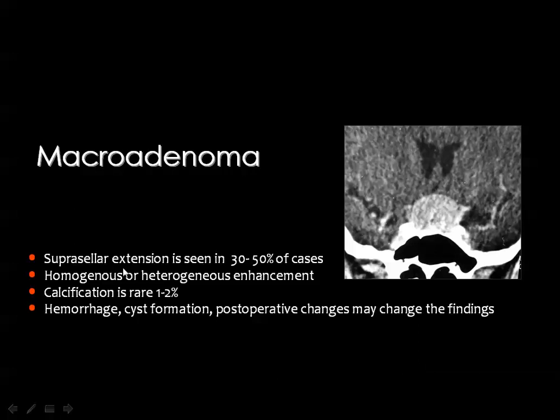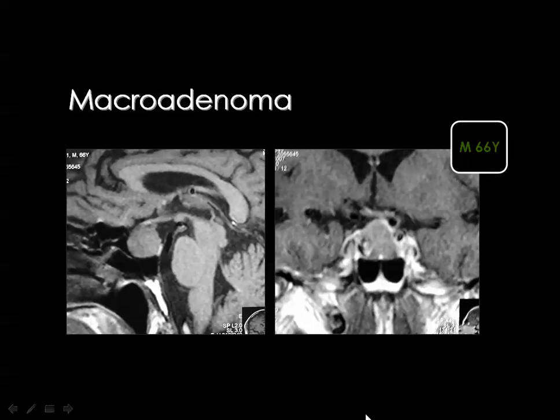This lesion is usually homogeneously enhanced, but if it is large, it may show heterogeneous enhancement and may contain cystic changes. It also may show calcium, but calcium here is relatively rare, and hemorrhage inside the pituitary adenoma is a well-known phenomenon.